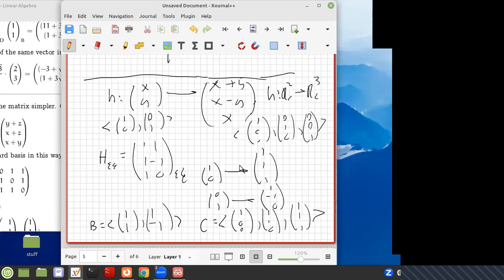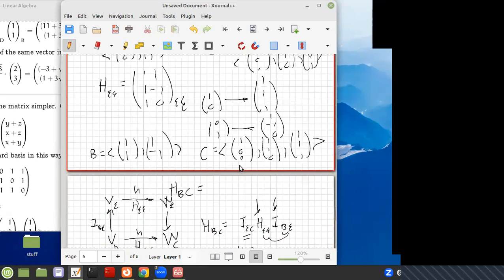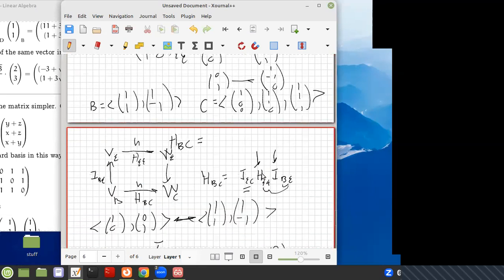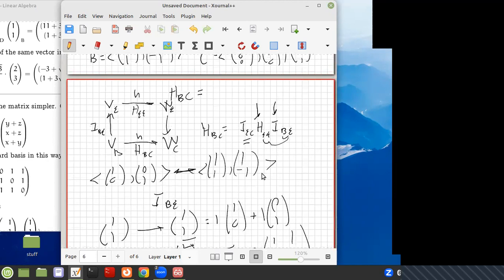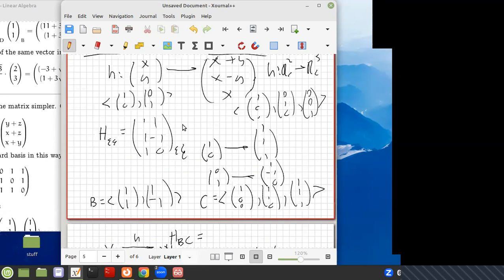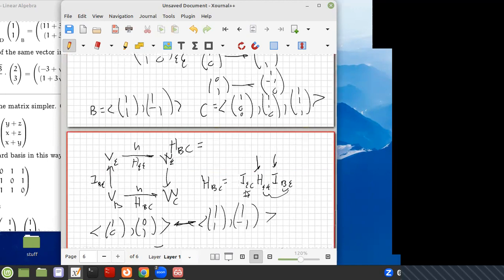And that's going to be this one here. It's going to act on the right, because we can act with this one on the right with that one.